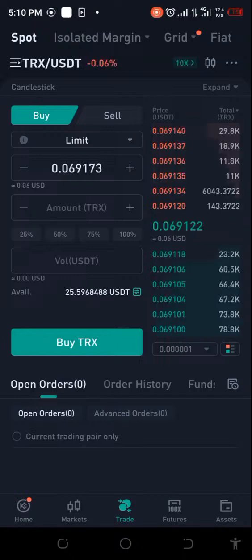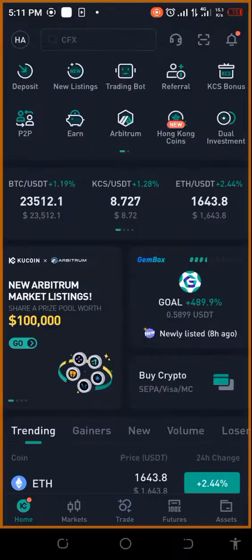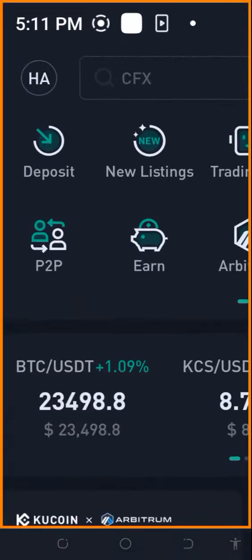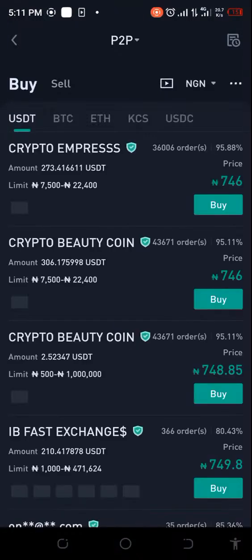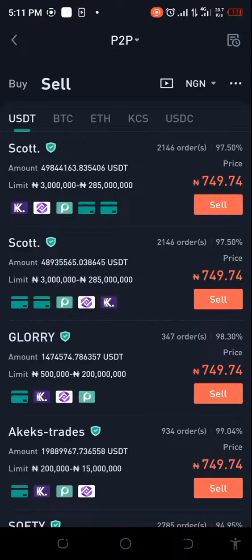Okay, so we're here to change this to TRX. Now, of course, there are two ways you can do this. You can actually decide to use the P2P. If we look here, you will see that KuCoin has P2P, right? So you can decide to withdraw your money by just selling it off. It's very possible.